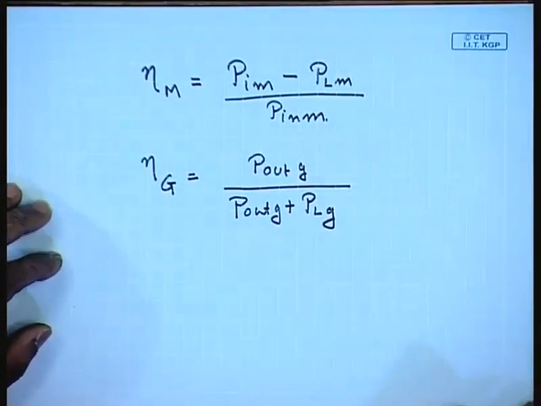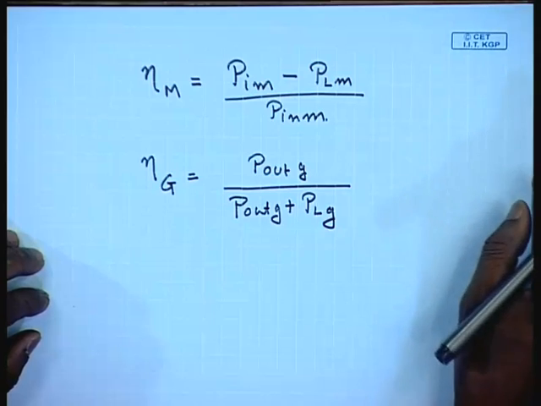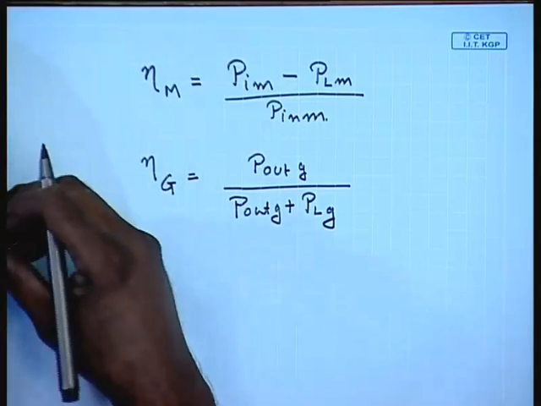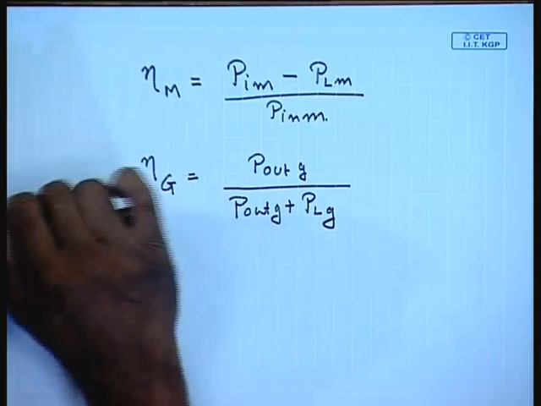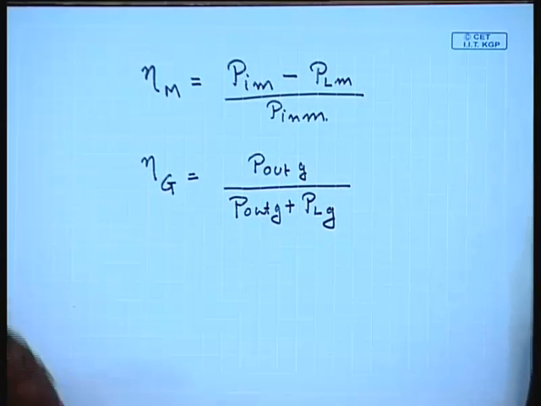So, like Sumpner test, the advantages of this Hopkinson test are that two machines are tested under loaded condition, so that the stray load loss component can be taken care of. Also, they can be tested at various levels of load without actually loading them.